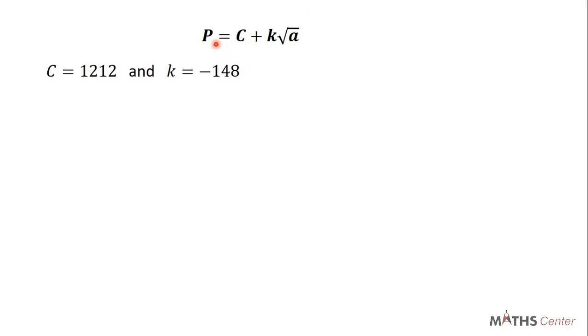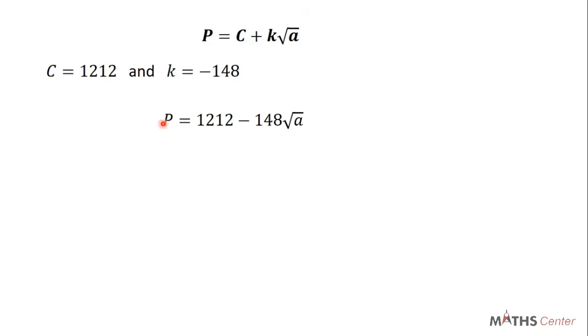The expression is P is equal to C plus K square root of A. We saw this in the previous video. And we have found the value of C as 1212 and the value of K as minus 148. So we can replace C with 1212 and replace K with minus 148.